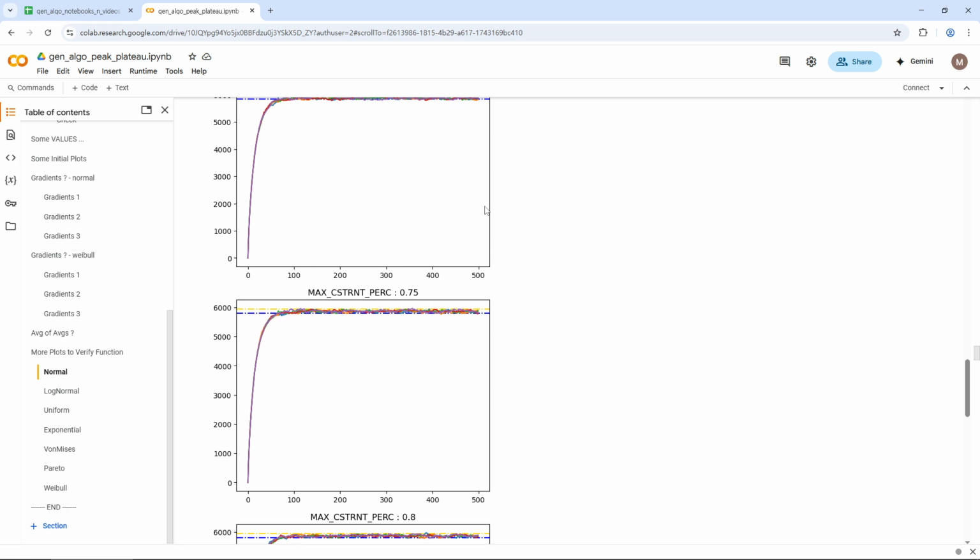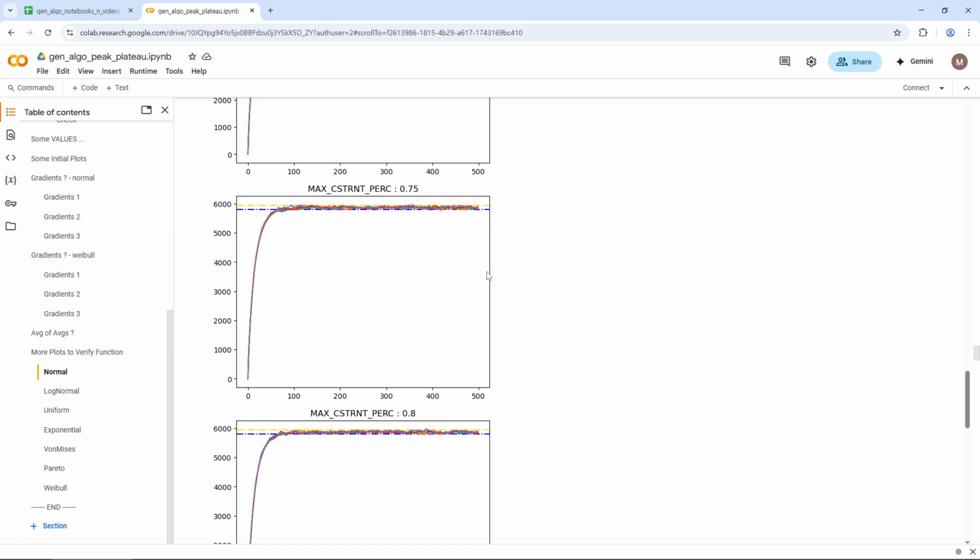And then when we start not getting peaks and plateaus, not much of them, it's because of the reason that I said last night, or in my previous video: if the maximum constraint percentage is high, the way I'm doing the evolution does not introduce new entities, because the selector function doesn't eliminate the entities, because the maximum weight threshold is actually non-existent.